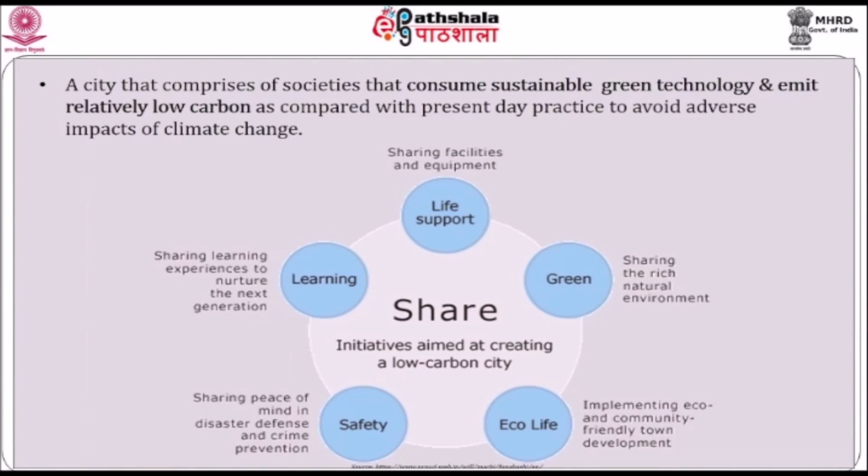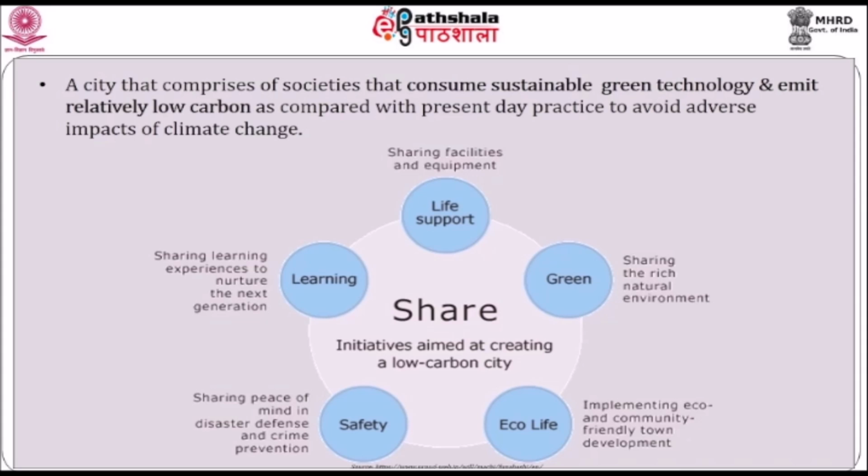Low carbon city is a city that comprises societies that consume sustainable green technology and emit relatively low carbon as compared with present day practice to avoid adverse impacts of climate change.